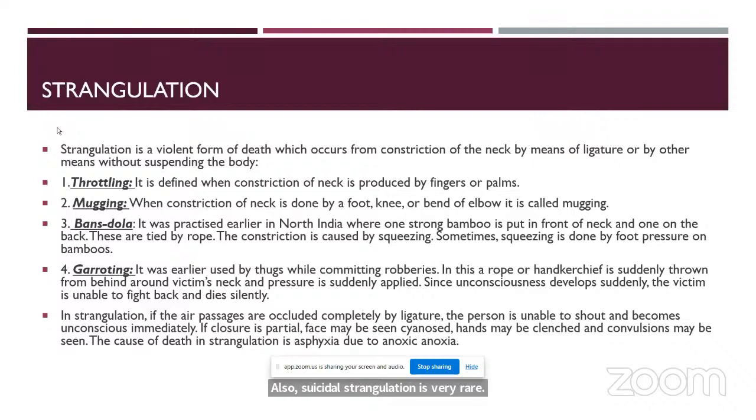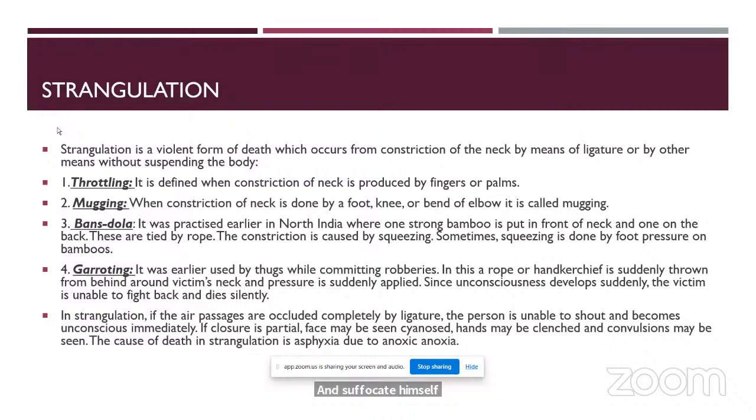Although it is reported in lunatics, it is not possible for any individual to strangulate himself or herself, as once unconsciousness supervenes, the ligature pressure decreases. So there is a minimal chance that a person can strangulate and suffocate himself.